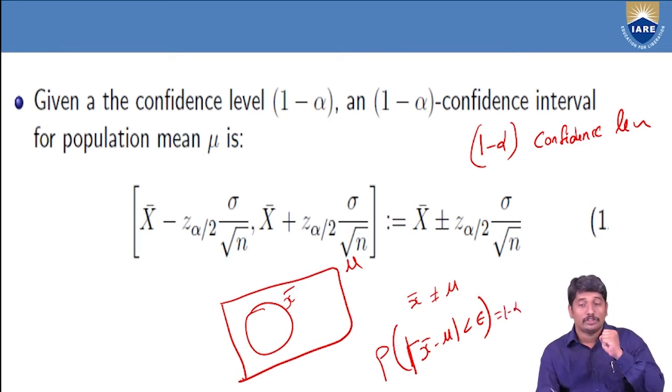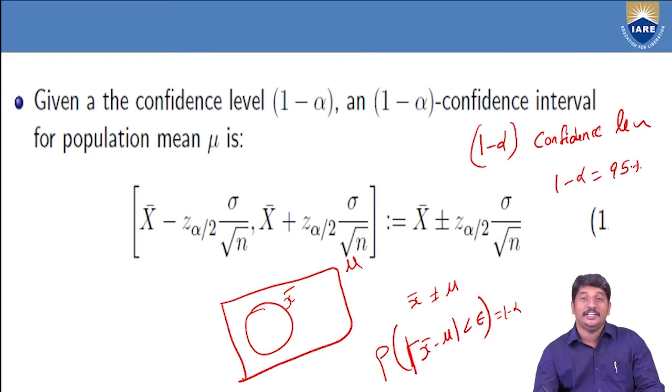Suppose we say that the level of confidence is 95% in estimating the population parameter with the help of a given sample. That means we are 95% confident that our sample calculation is going to equal the original population value mu, with only a very minute error epsilon.